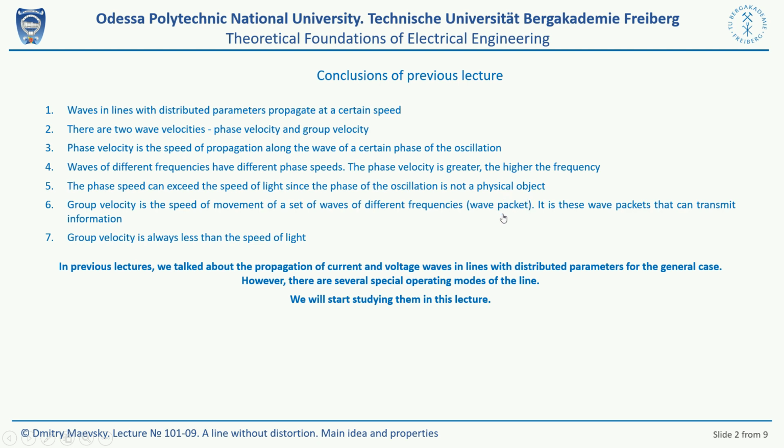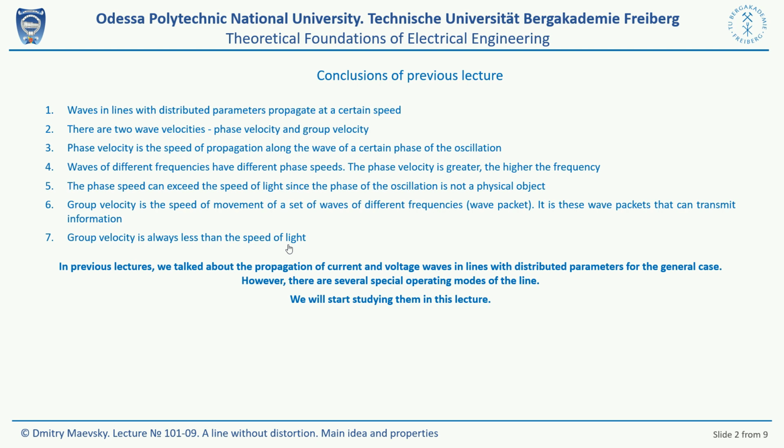The propagation of a wave packet is characterized by the group velocity, which can never exceed the speed of light. However, in the presence of waves of different frequencies with different phase velocities, distortions of the signal shape that propagates in the line may occur.